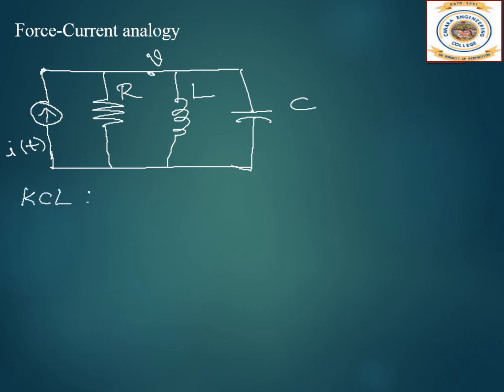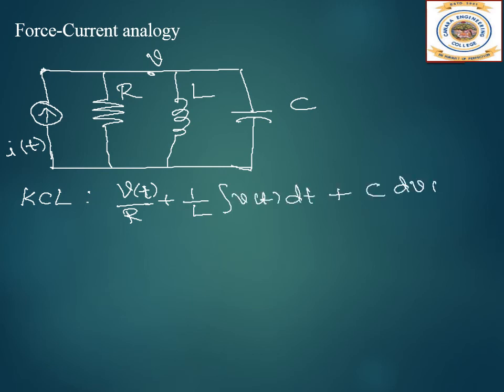Applying KCL, here V is the node voltage, so V of t by R plus 1 by L integral V of t dt plus C dV of t by dt is equal to I of t.